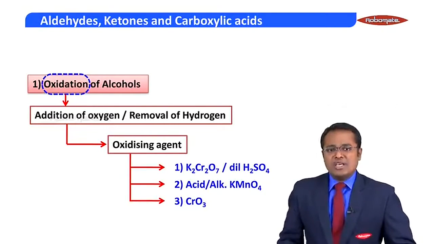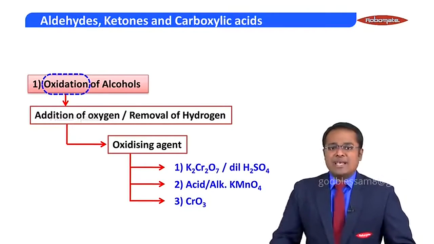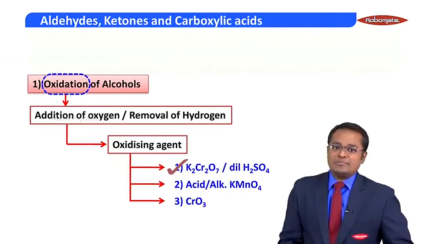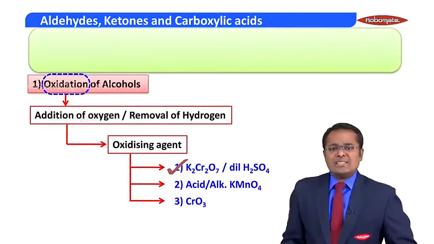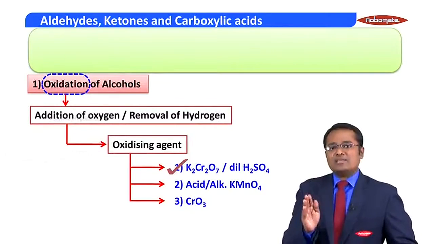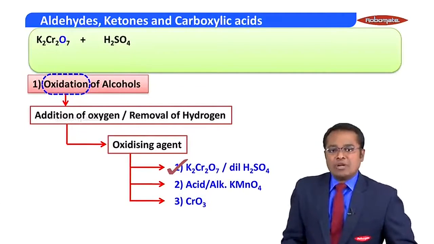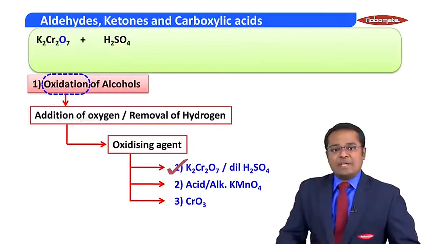But out of these three, the one which we regularly use in our syllabus is the first one, acidified potassium dichromate. Now, how does acidified potassium dichromate give us nascent oxygen? Let's see that. Here I have potassium dichromate reacting with sulfuric acid.